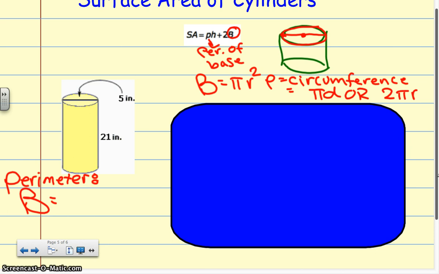The circumference is going to equal pi times my diameter. Diameter is 5. Punching that into my calculator, which is equal to 15.7.